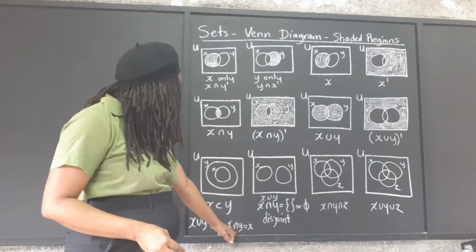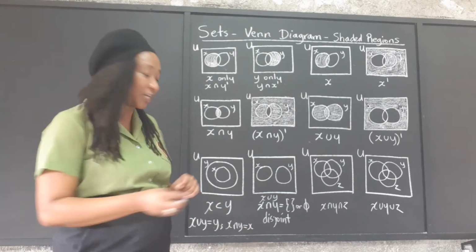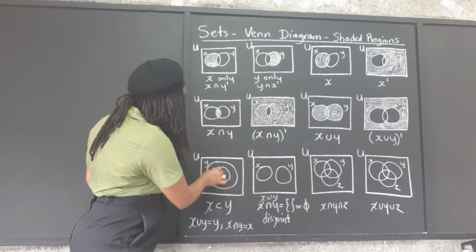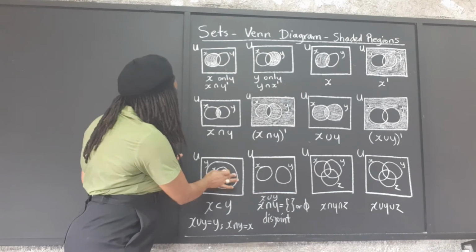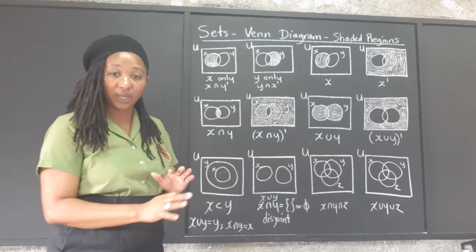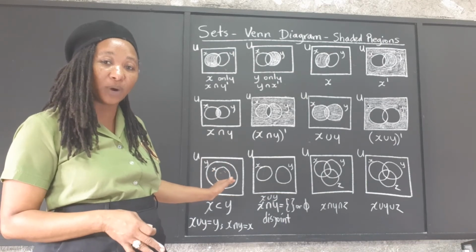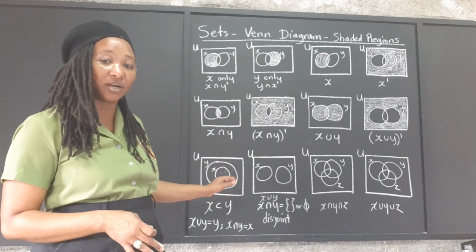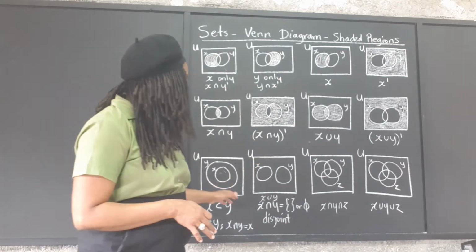And their intersection is X. So if we were asked to shade their intersection, we'd shade in here. If we were asked to shade their union, we'd shade in here and in here. Okay, special case subset where X is a subset of Y, everything in X is contained within Y. Special case of the intersection.